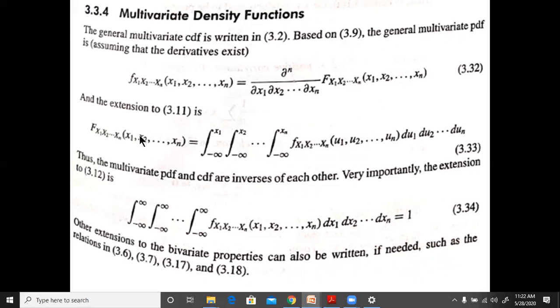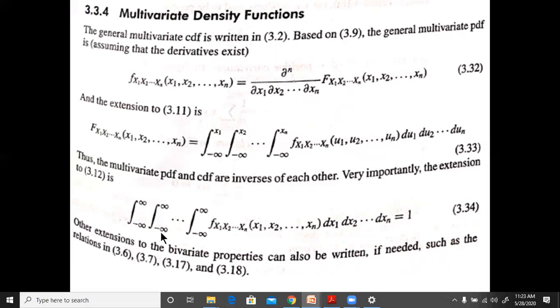Similarly, the inverse property also holds good. That is, the joint cumulative distribution function will be the n-fold integral of the joint probability density function.